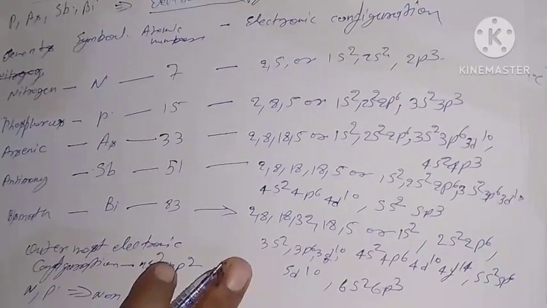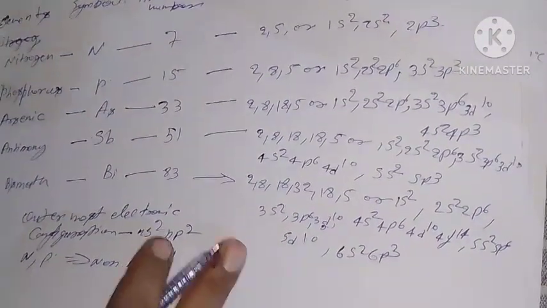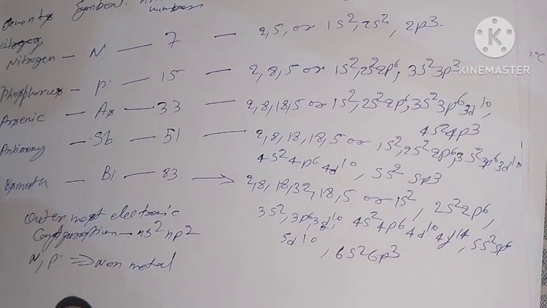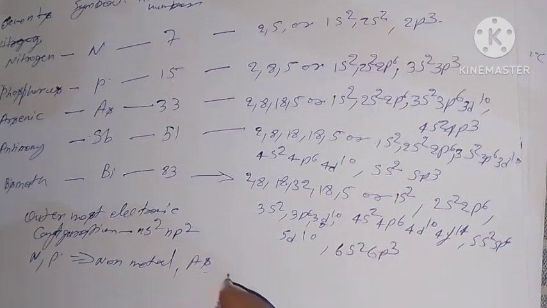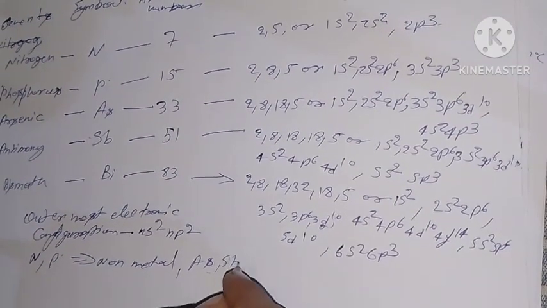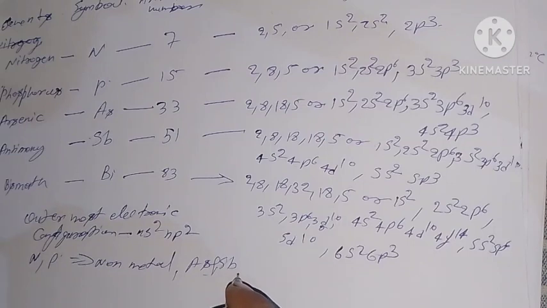Nitrogen and phosphorus are non-metals, arsenic and antimony are metalloids, and bismuth is a metal.